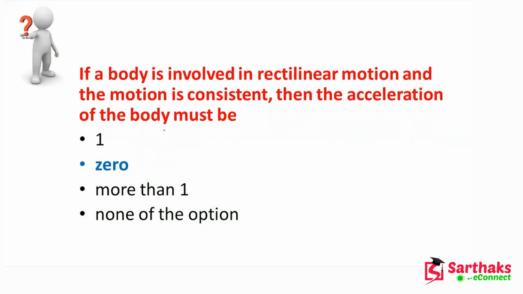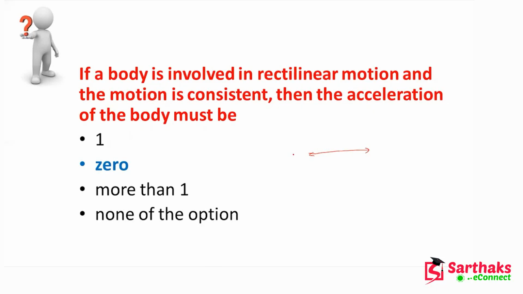Next question. If a body is involved in rectilinear motion and the motion is consistent, then the acceleration of the body must be. Now, first thing, the rectilinear motion. Rectilinear motion means you are walking in a straight line, linearly.